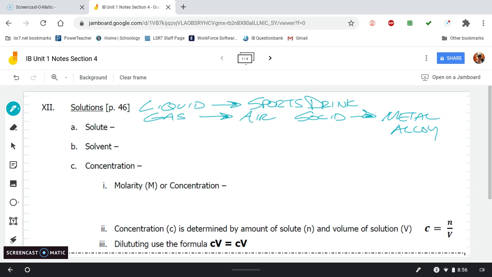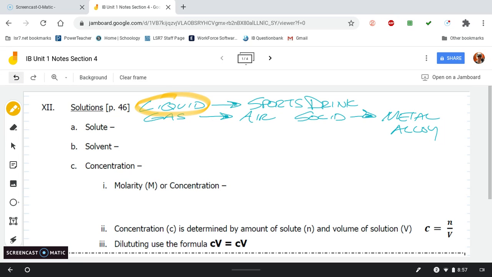Brass is not on the periodic table, right? That's an alloy. Bronze is not on the periodic table. So a metal that you don't see on the periodic table means it's a combination of metals. We normally deal with liquid solutions, and that's really the most common for us.